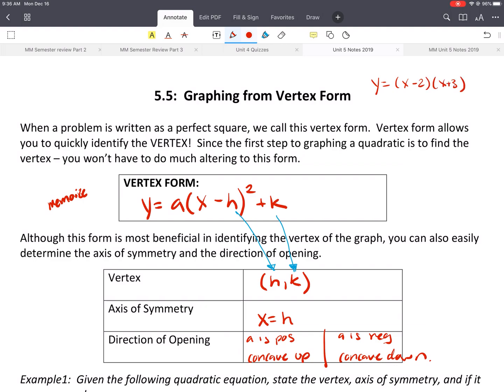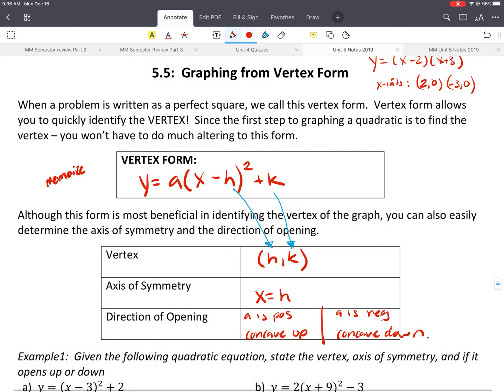Our x-intercepts would be 2, 0 and negative 3, 0. Because when we did that, we would set each of those equal to 0, like x plus 3 equal to 0, and you subtract 3 from both sides, and you get x equals negative 3. So it's kind of similar when we're doing it in vertex form. h is going to change its sign when you take it out. k will stay the same.